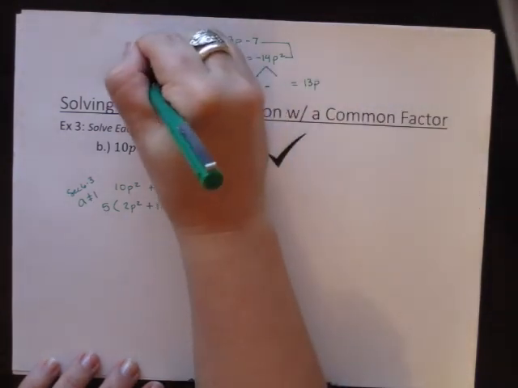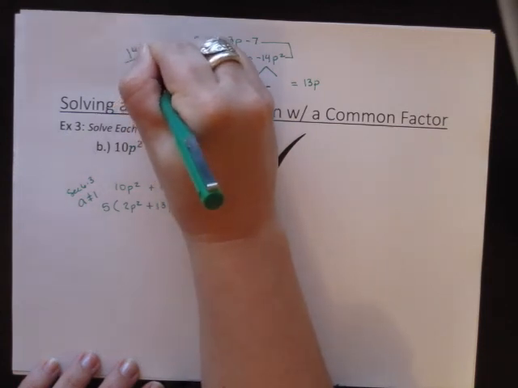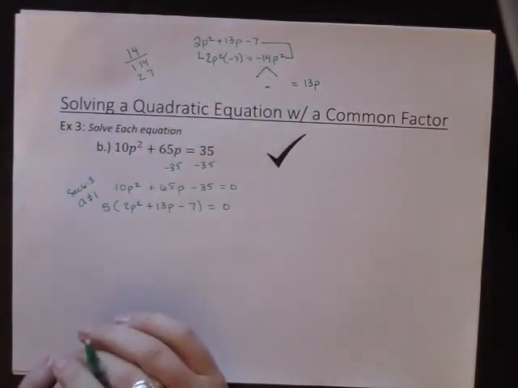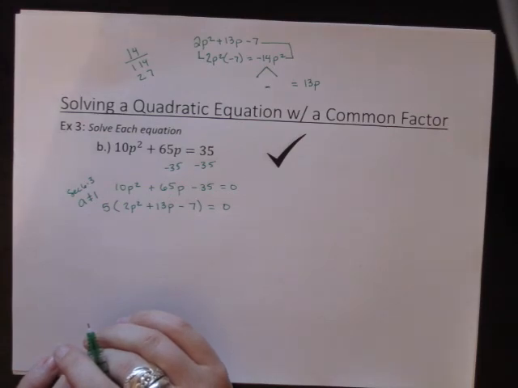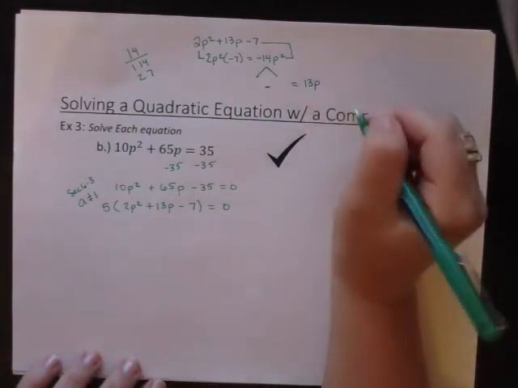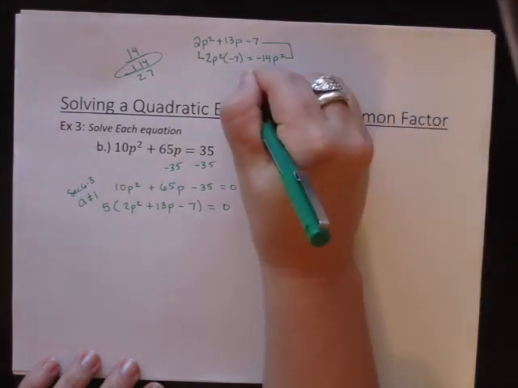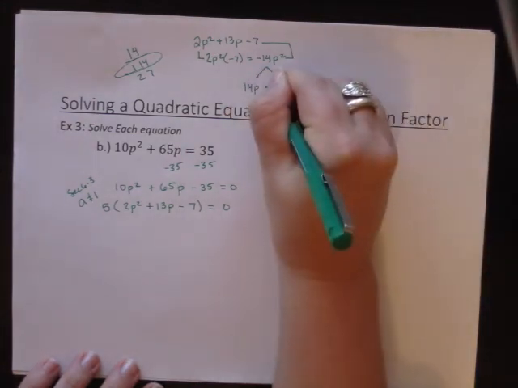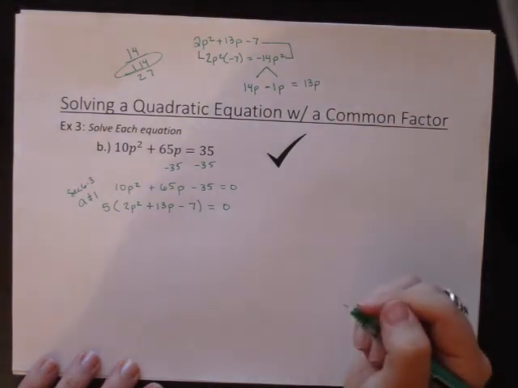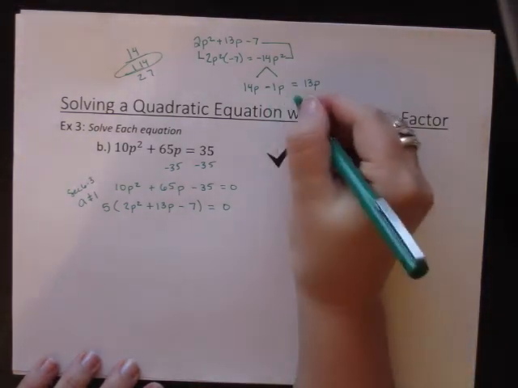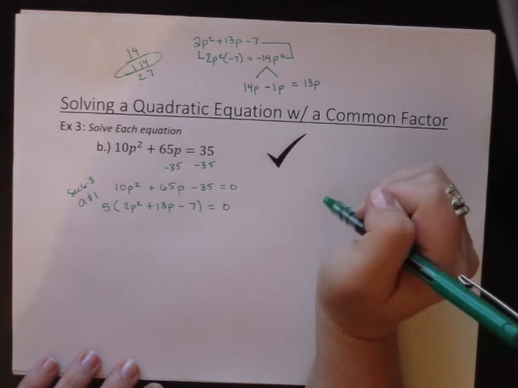Alright, so then we find the factors of 14, so 1 and 14, 2 and 7, and that's it. And in order to get to a positive 13p, I've got to use the 1 and the 14, and it's got to be 14p minus 1p. Okay? Because 14p minus 1p will get me to 13p.